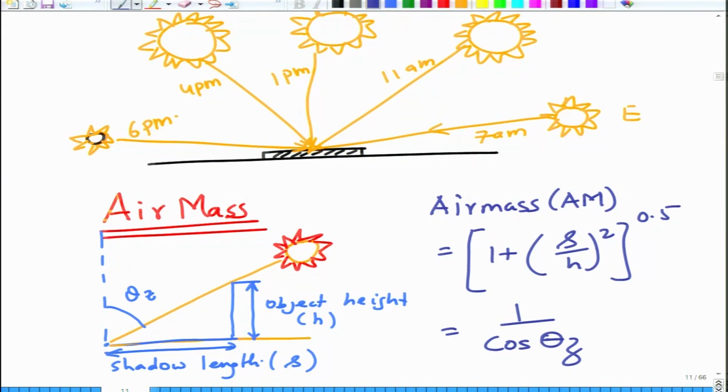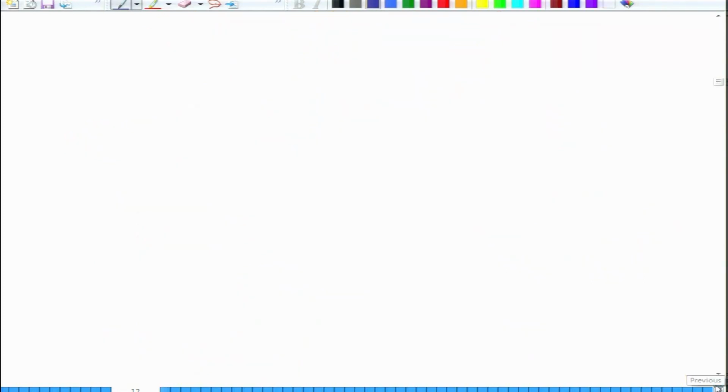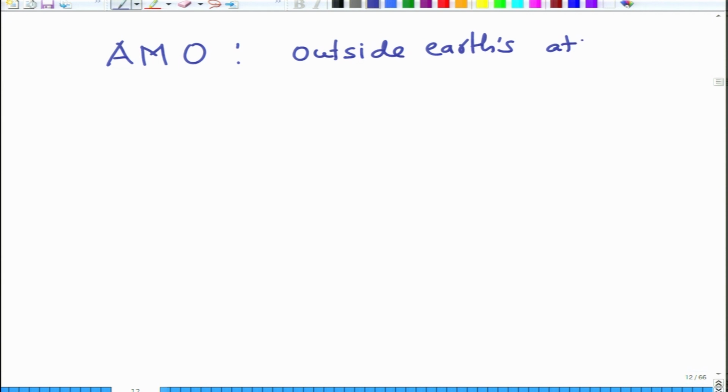So the way we define this air mass index now is, what would AM0 mean? It means outside Earth's atmosphere. What would AM1 mean?